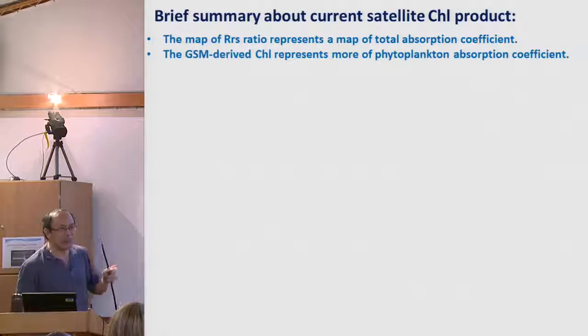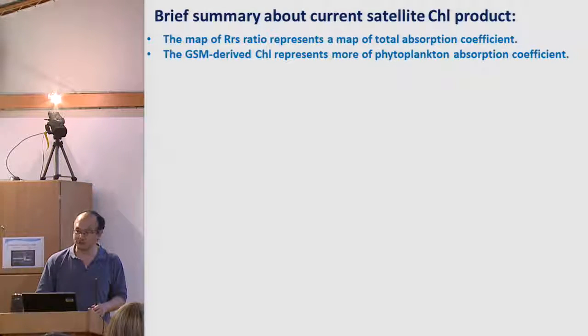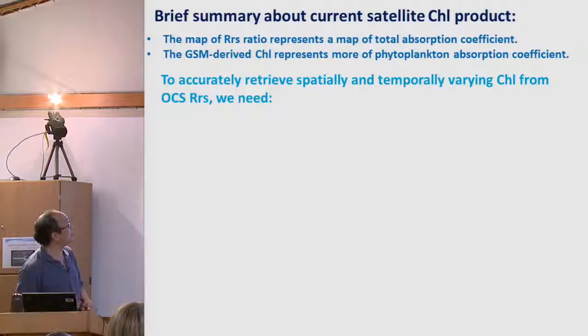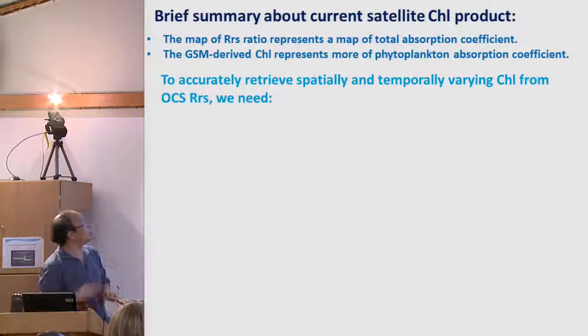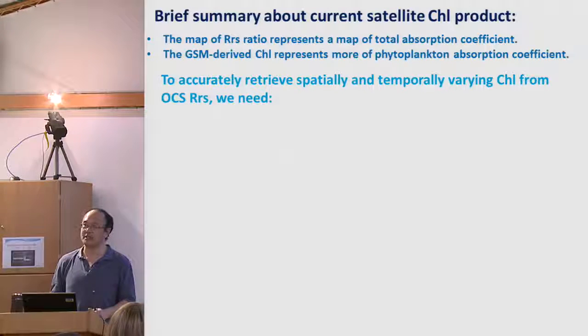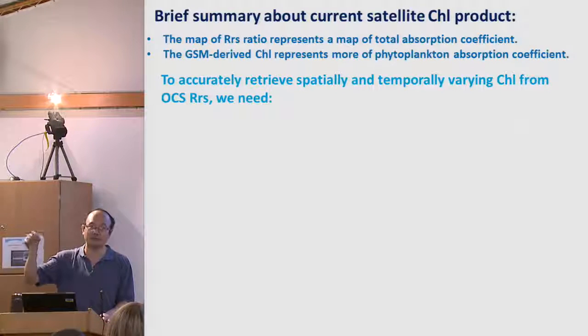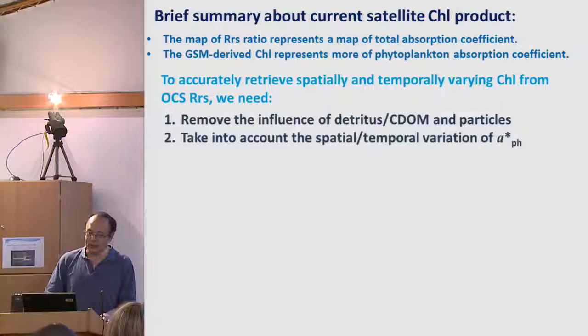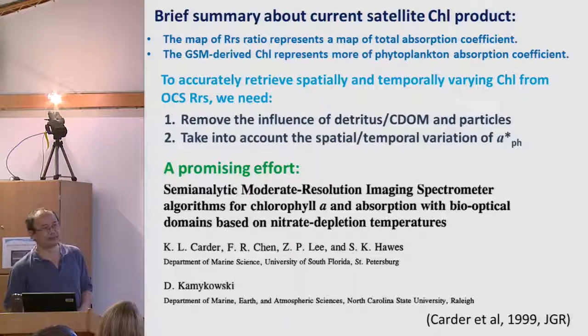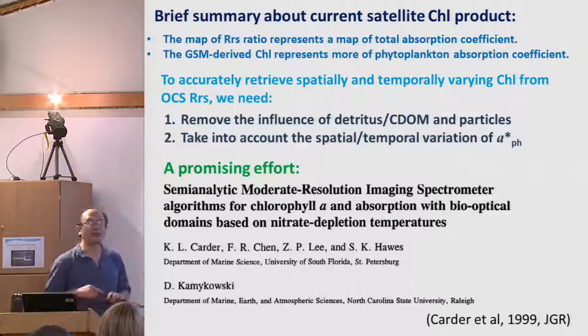But if we really want to do a good job on chlorophyll, we really need to get the chlorophyll specific absorption coefficient. We can get aph, right? From aph to chlorophyll, we need to know aph star, the so-called chlorophyll normalized absorption coefficient. To do that, we need lots of information. In particular, we need to know the nutrient.